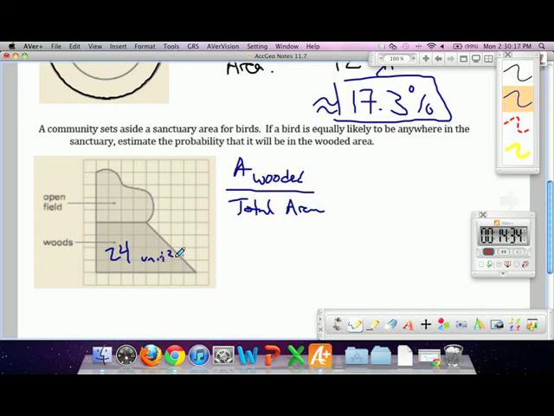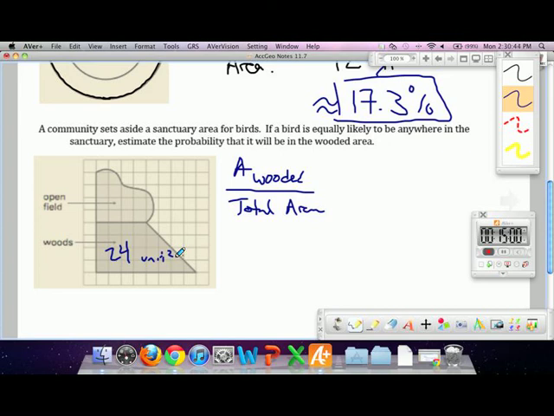The wooded area has an area of 24 square units. The trapezoid formula is half of the height times the sum of the bases. I broke it into a 4x4 square and a 4x4 right angle.